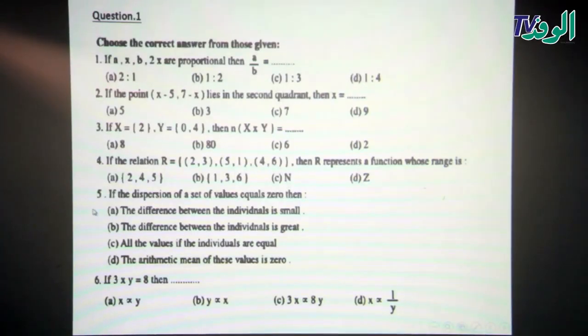Okay, if the dispersion of a set of values equals 0, what does it mean?